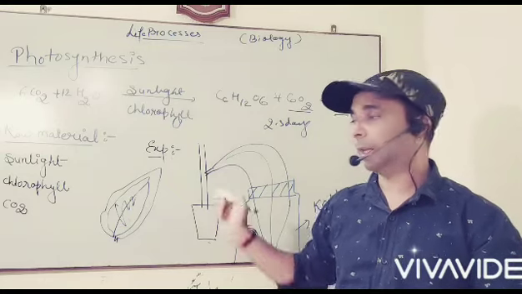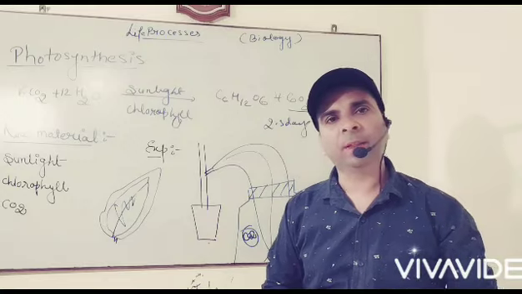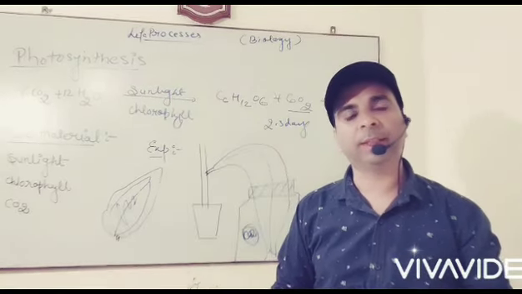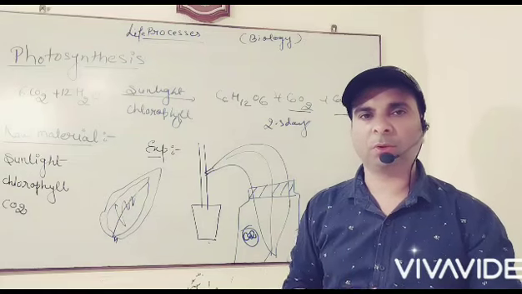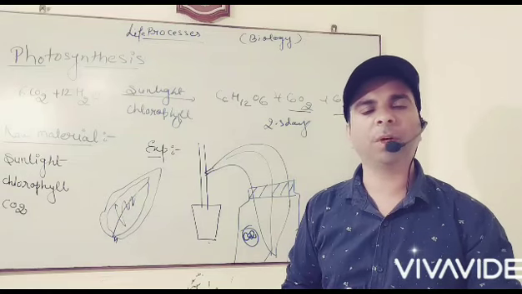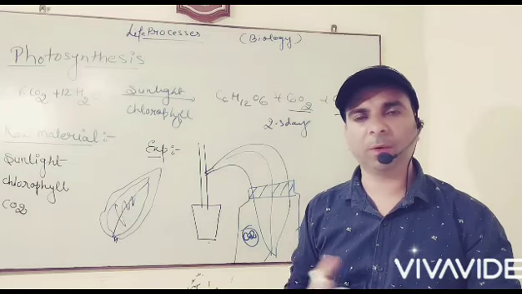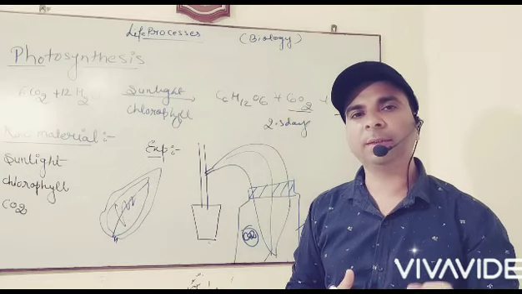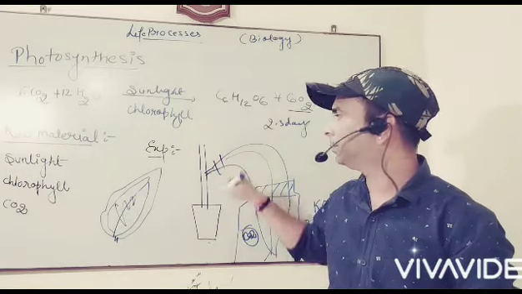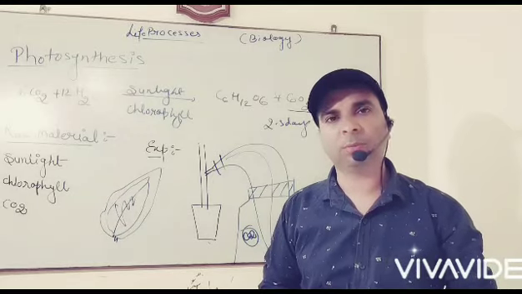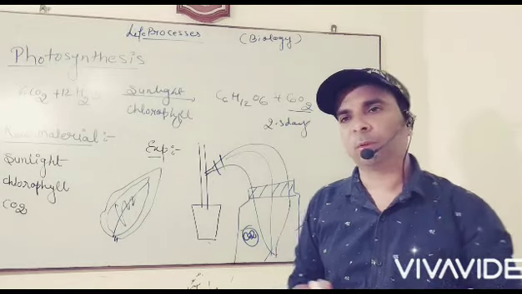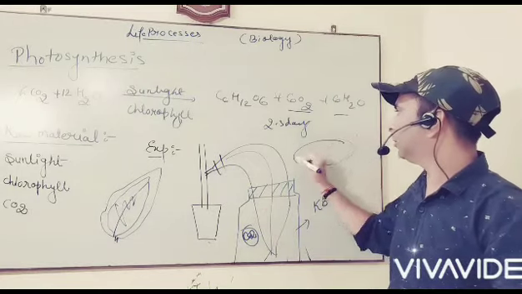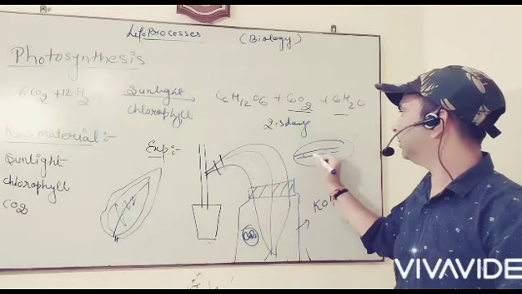The half portion outside the jar, whose CO2 is not captured by the KOH, is green in color. Now detach the leaf, put it in alcohol and boil for 3 to 5 minutes. Then you see the whole leaf becomes colorless.